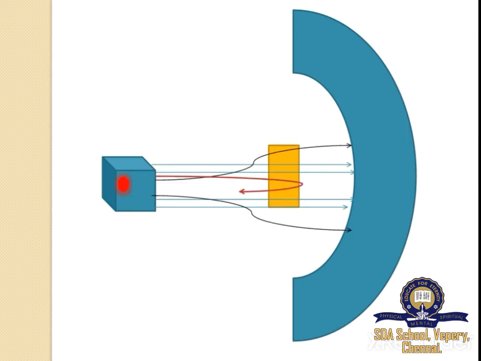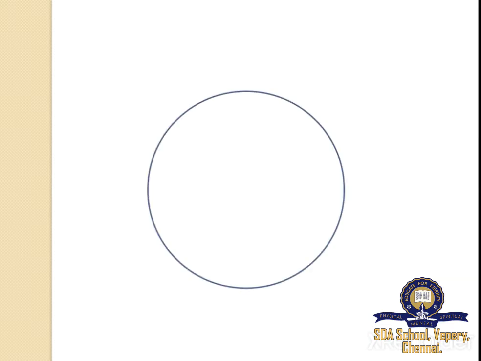Then, very few alpha particles were deflected back. These are the observations. Now let's see the conclusions he made from this experiment.